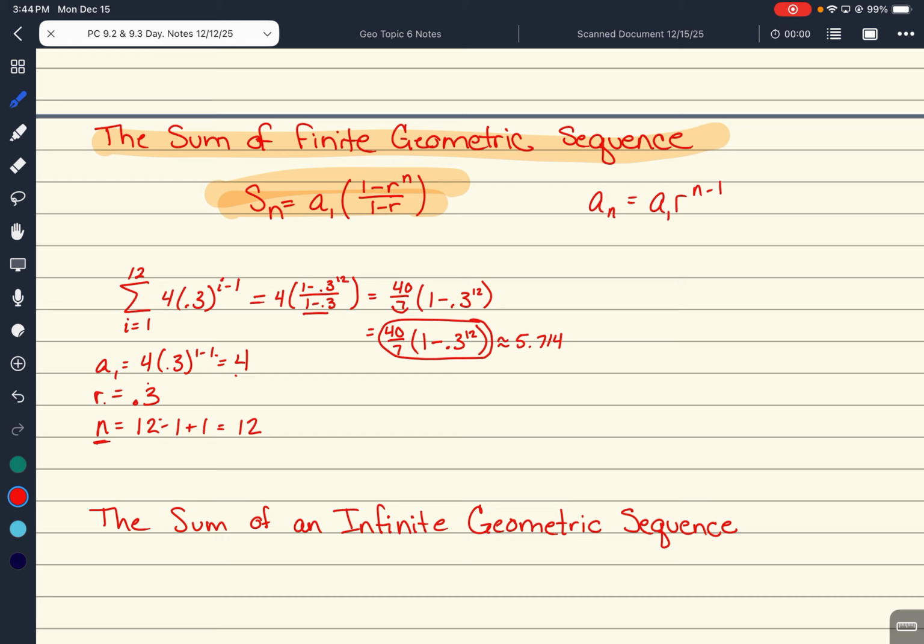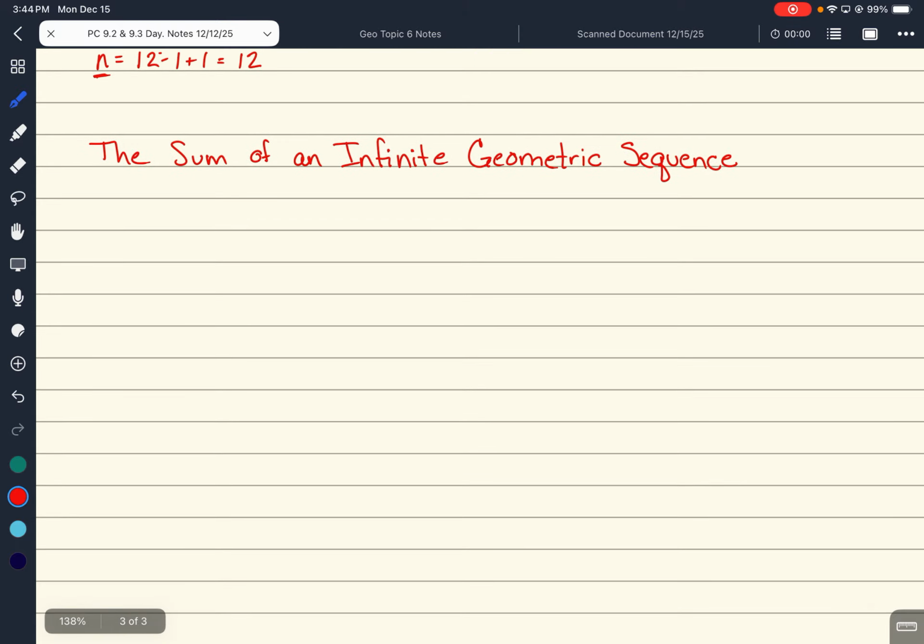So you can do this only when r is greater than 0 and less than 1.